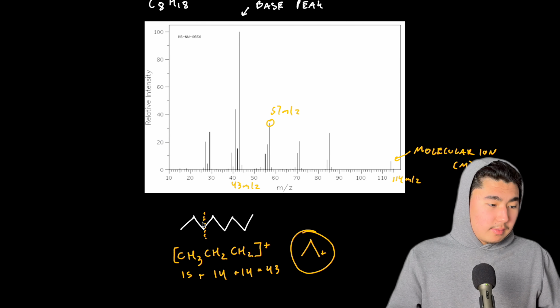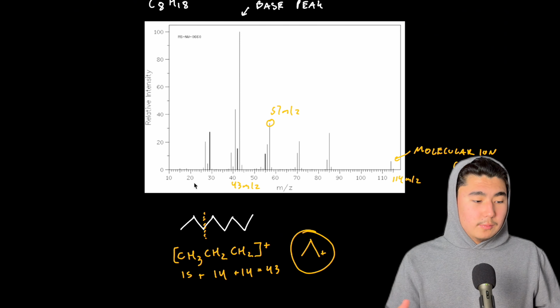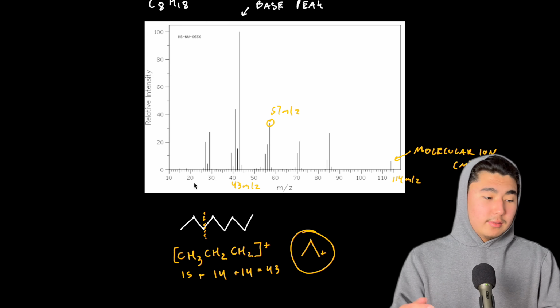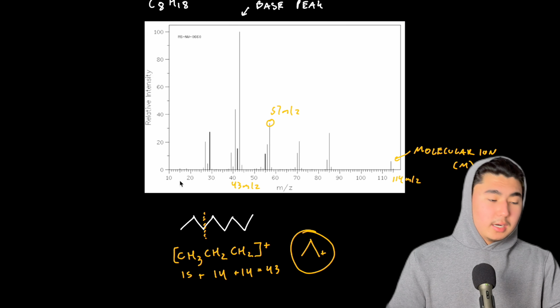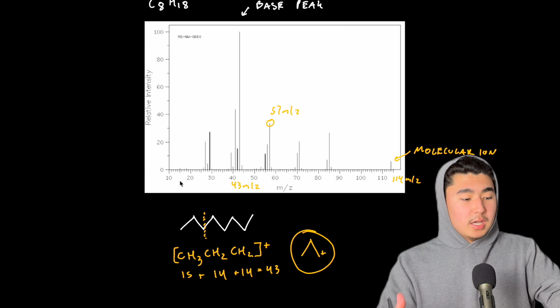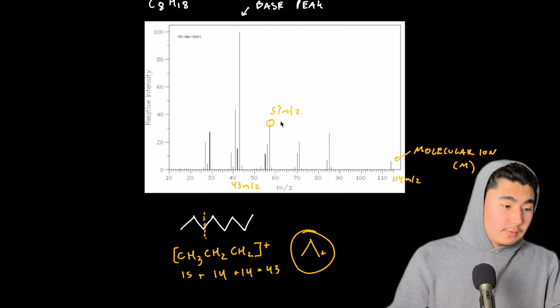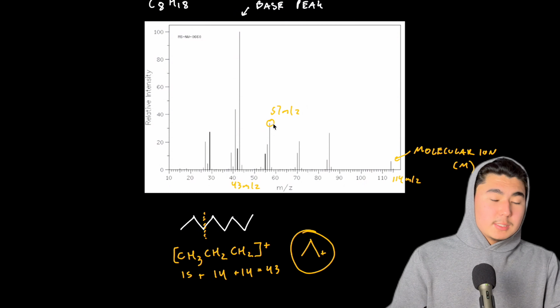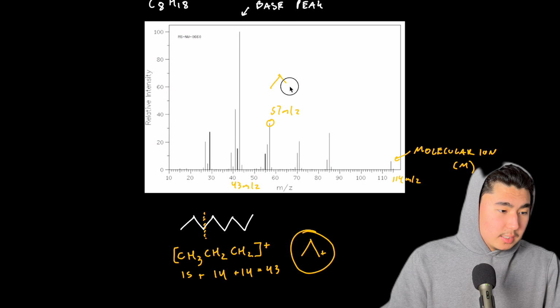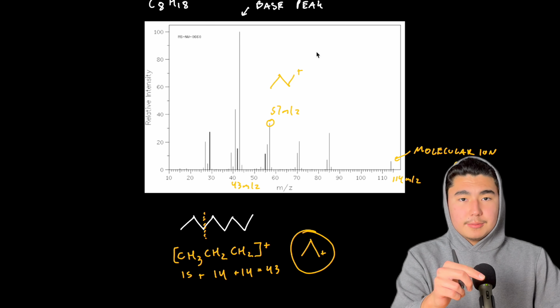If I'm moving this way, I need to get to 57. The closest thing I have is another CH2. So if we add another CH2 to 43, 43 plus 14 is going to get us to 57. So this peak right here is going to represent this ion right here.